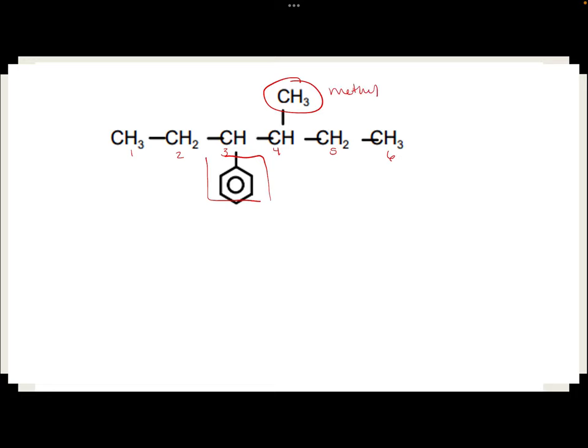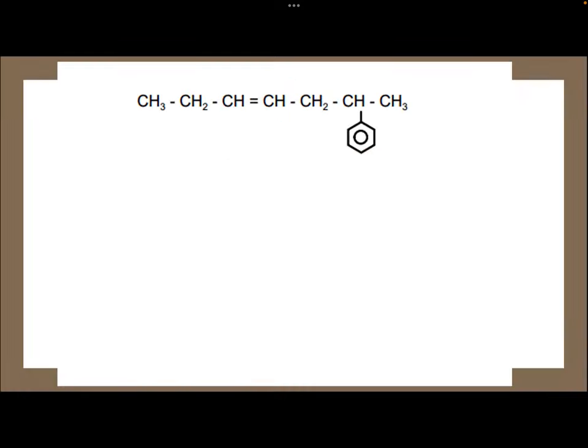When we name it, we go in alphabetical order, and because this is methyl, and methyl is on 4, we write 4-methyl, there's only one of them, and then 3-phenylbenzene.